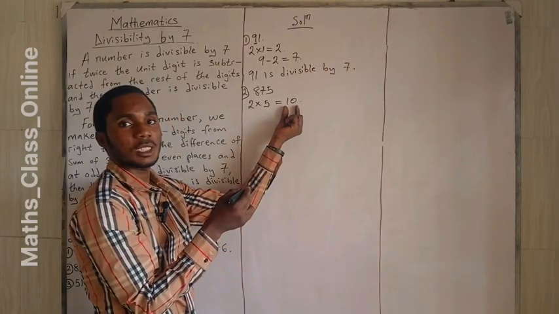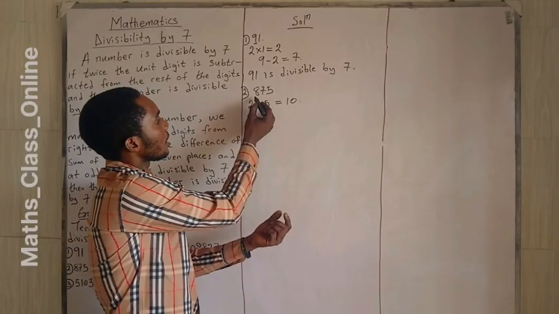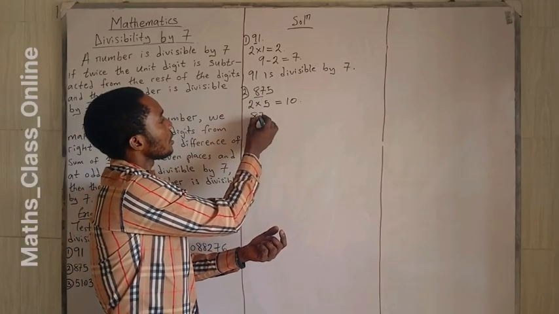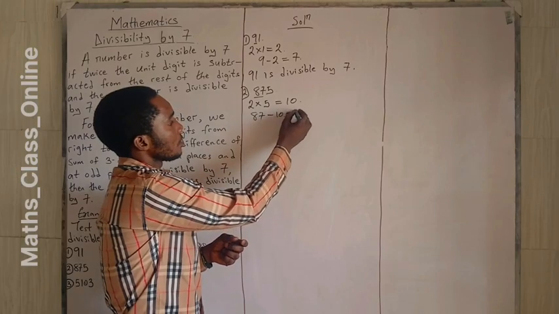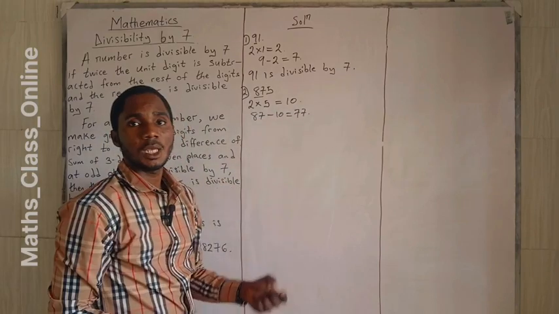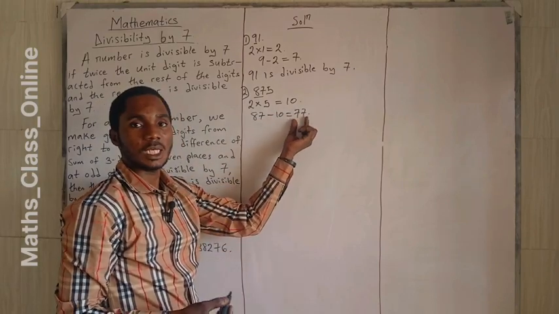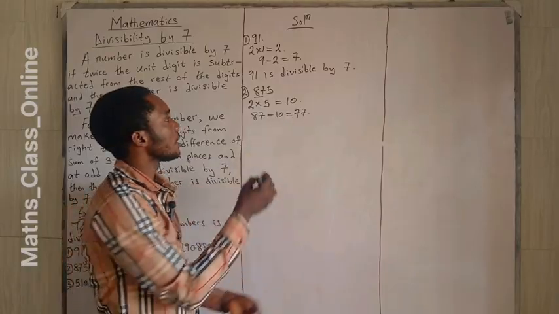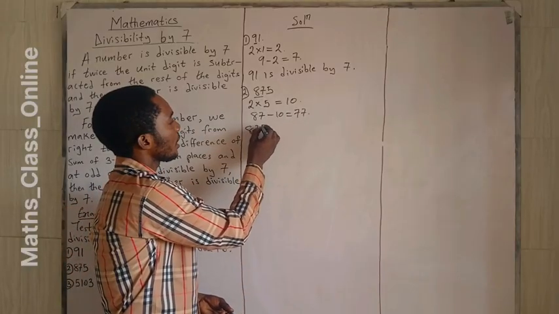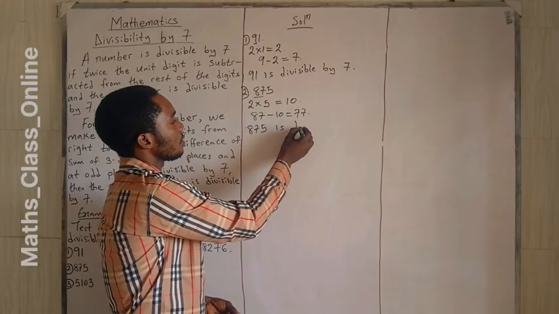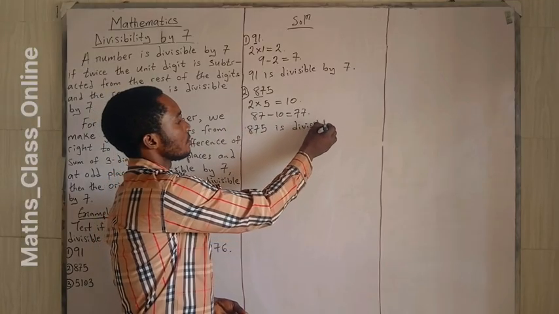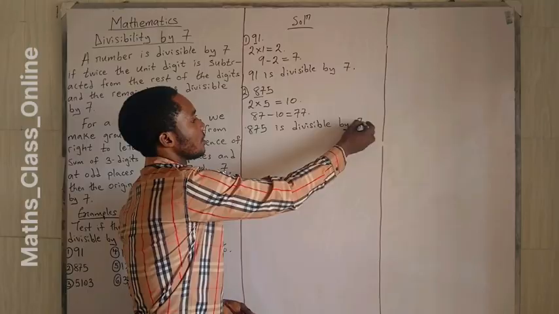We are going to subtract 10 from the rest of the digits, and that is 87. 87 minus 10 is equal to 77. Can 7 divide 77? Yes, 7 can divide 77. That means 875 is divisible by 7.